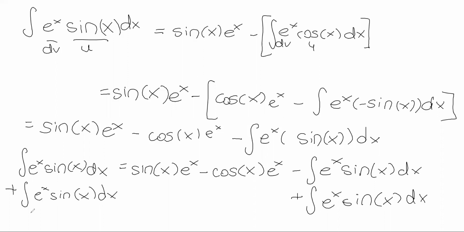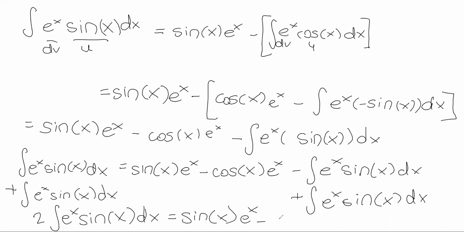So let's see what happens. So we get 2 times the integral of e to the x sine of x equals sine of x times e to the x minus the cosine of x e to the x. And this whole thing just goes away.